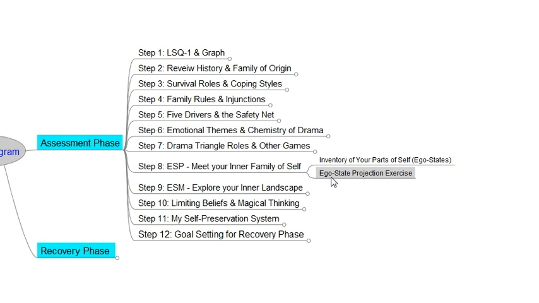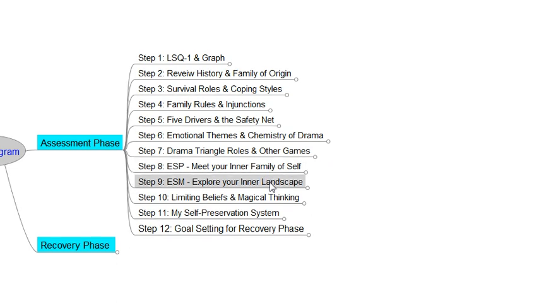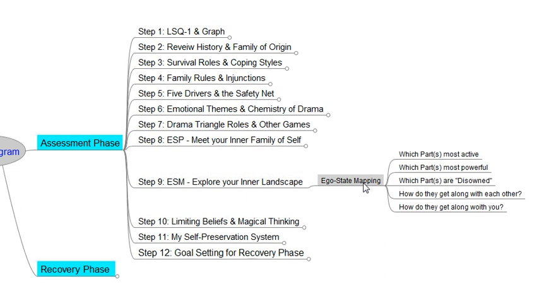I can have as many as 3 to 5 different parts in the room at the same time and have them communicating their thoughts and feelings. And we'll go through an ego state projection exercise in one of the audios in this course, and you'll see how it works. And then there's also another exercise we can do called ego state mapping, which is good for exploring your inner landscape. With ego state mapping, we discover which part or parts is most active.